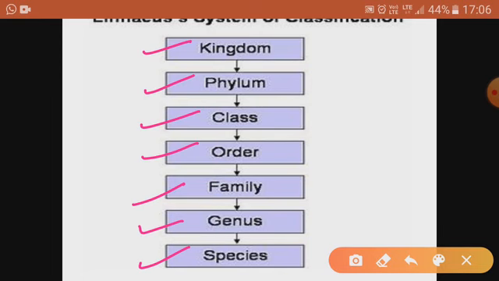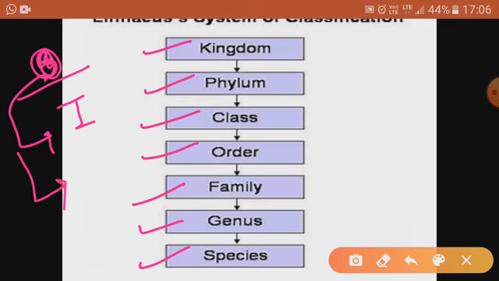For example, if we have discovered a new plant and now we want to classify it, what will be done? If it is discovered, we will identify it. After identification, nomenclature: we give the name to it. And then after naming, we classify it. This is classification.